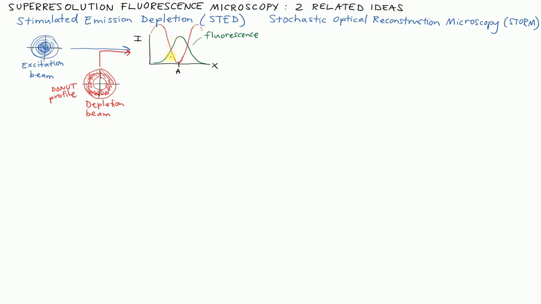But a little ways away from A, I'll choose some location coordinate here, like B. So there's the value at B. At B, there's enough red light that it's suppressing some of the fluorescence, and I'm not getting as much green light as I would have if the red light weren't there. Let me show you what the formula is for that.